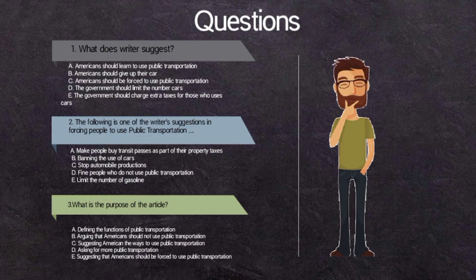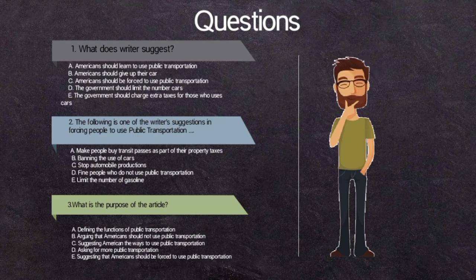Number 2. The following is one of the suggestions for influencing people to use public transportation. A. Make people buy transit passes as part of their property tax. B. Banning the use of cars.